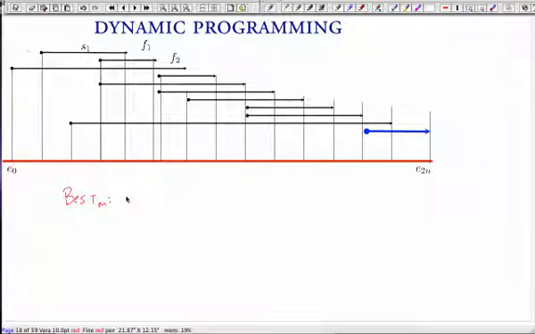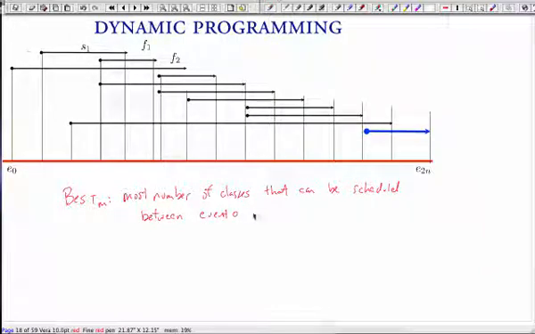And now the best M is basically going to be the most number of classes that can be scheduled between event 0 and event M. So, since it's a most, we know that the dynamic programming solution is going to involve a max.